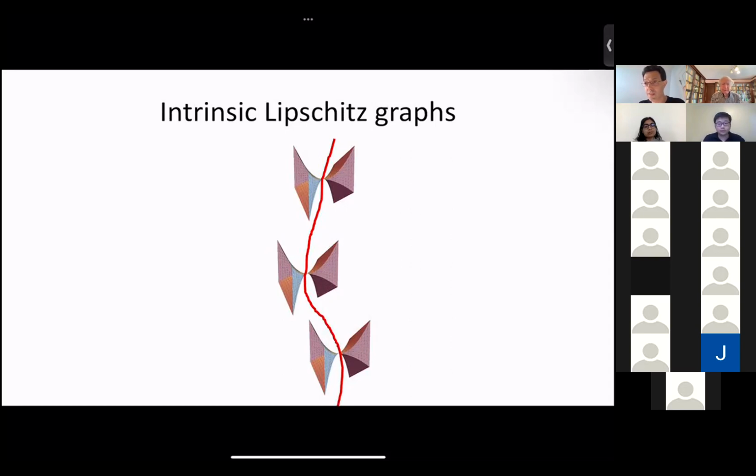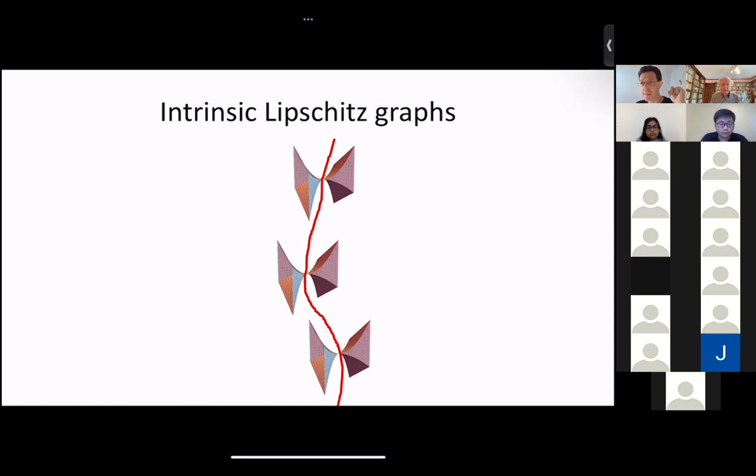Is that clear? Yeah. You do two things. First of all, you use Heisenberg cones, but you also change the definition of what a graph is. You don't do it for the graph of the function in the usual sense. You do it for the intrinsic graph in the sense of this matrix multiplication. So I changed both what a graph is and what the Lipschitz condition is.